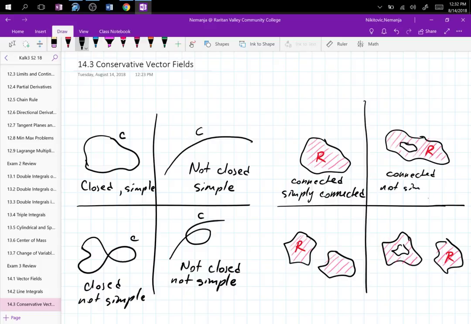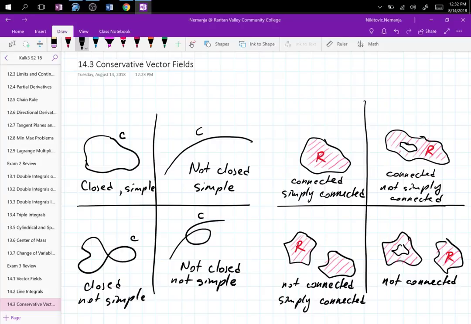And then we have not connected, but simply connected. And both nots now. Not connected, right, you have 2 separate regions, and then not simply connected because there is a hole inside.